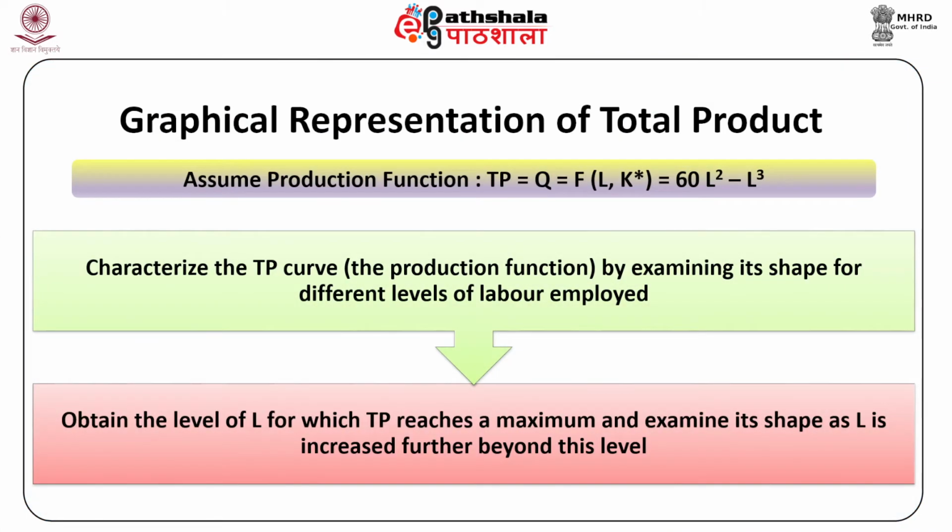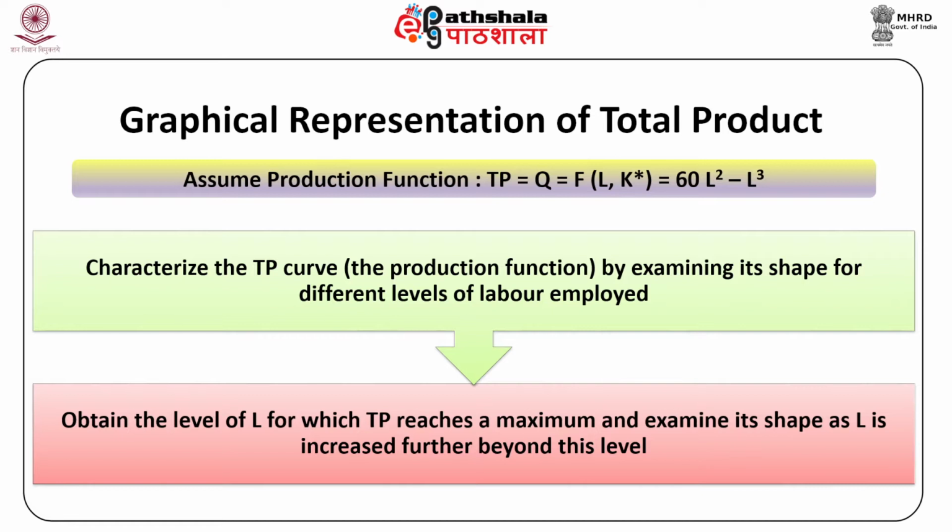Next is the graphical representation of total product, marginal product and average product. We now examine the graphical representation of the 3 concepts, viz. total product, average product and marginal product. In what follows, we use a particular functional form of a production function and calculate TP, AP and MP. We assume that the production function is given by TP is equal to Q is equal to F of L and K bar is equal to 60 L^2 minus L^3.